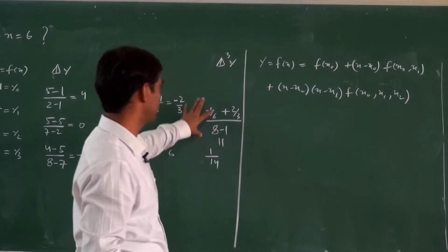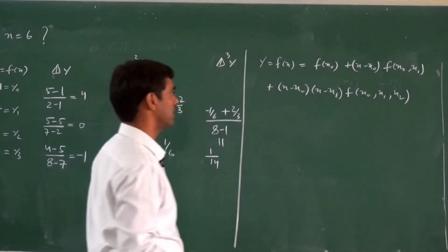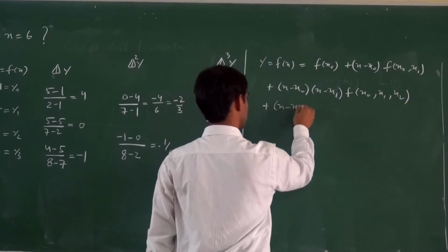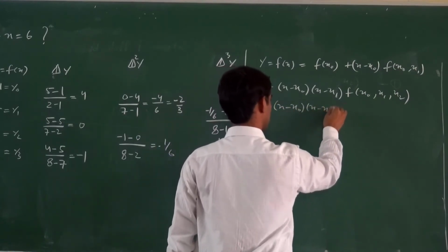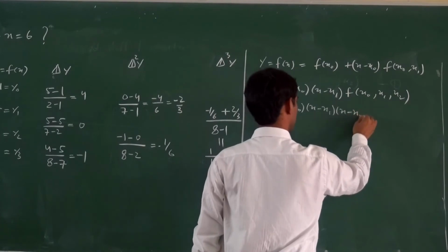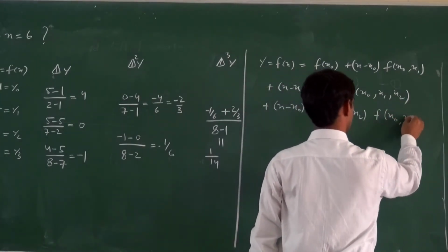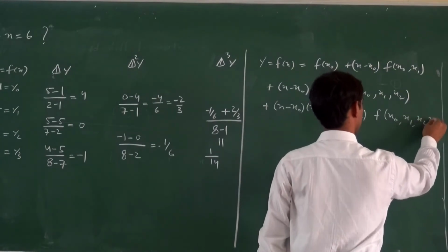But we also need the third order divided difference term: x minus x0, x minus x1 and x minus x2, times f of x0, x1, x2, x3.